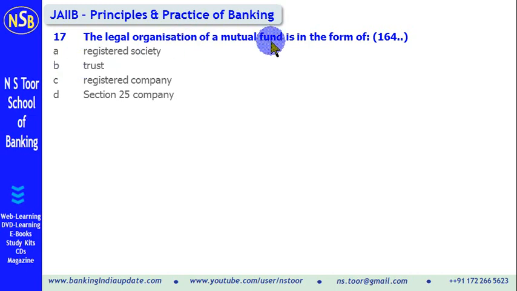A mutual fund is established as a trust, not as a registered society, not as a registered company or section 25 company. Section 25 companies are the companies which are promoted on no profit, no loss basis.